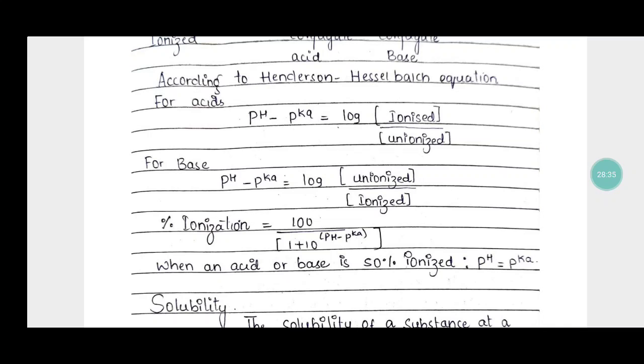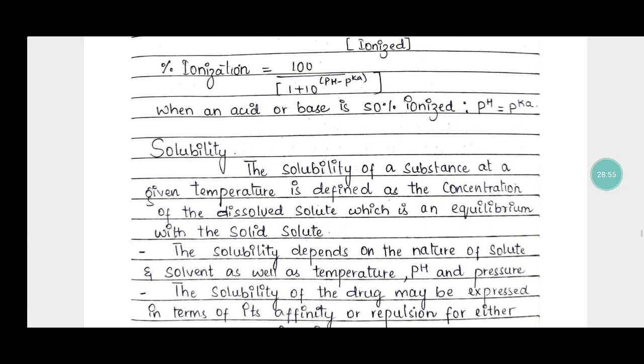The percentage ionization is 100 divided by 1 plus 10 to the power (pH minus pKa). When an acid or base is 50% ionized, pH becomes equal to pKa.